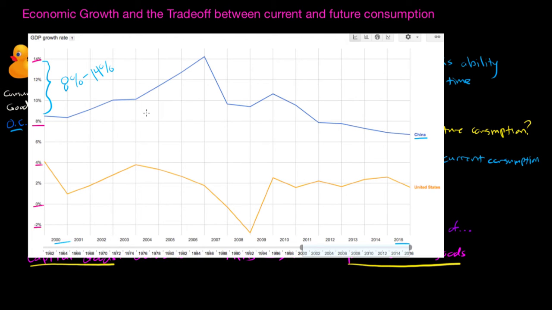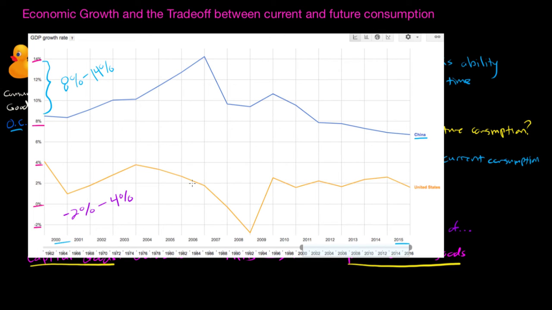That means that every year China's economy has produced approximately 10% more stuff than it did the year before. Compare that to the United States. In the United States, growth rates have averaged between -2% and 4%, significantly lower. The United States has achieved economic growth for most of the last 15 years, but the rate of economic growth was quite a bit lower than China.